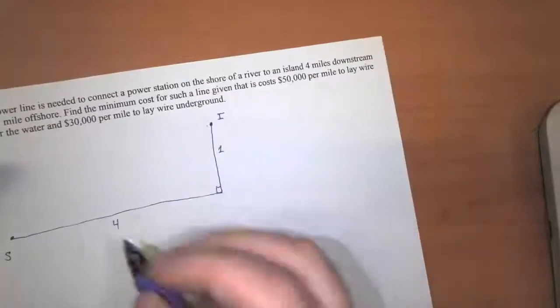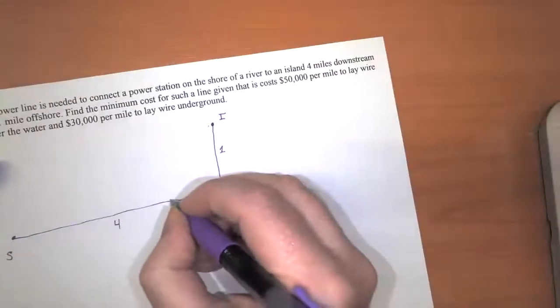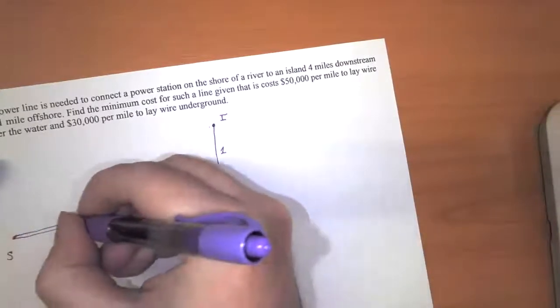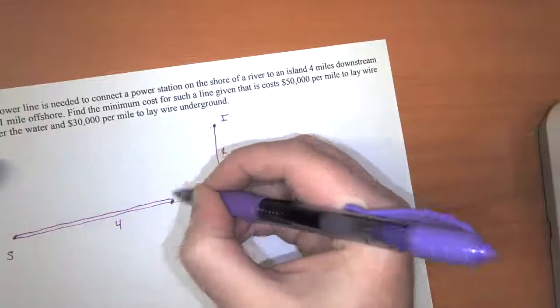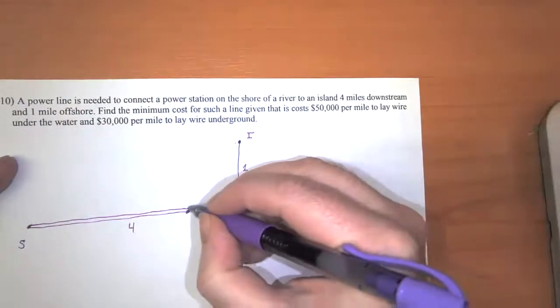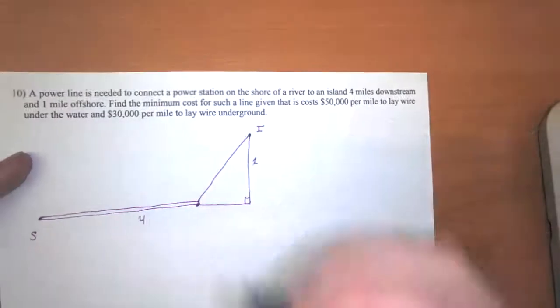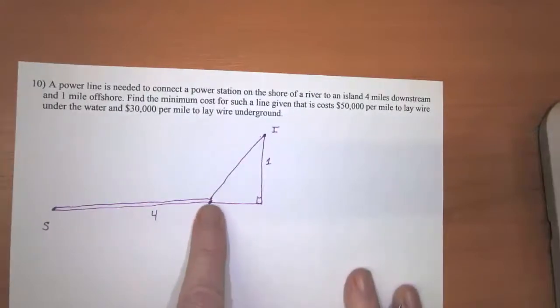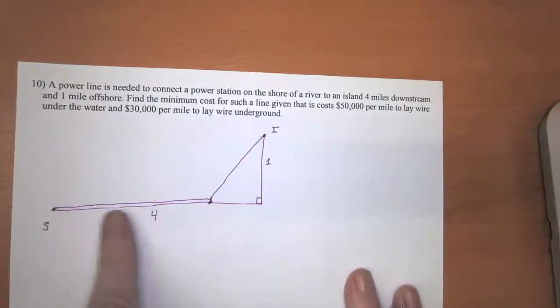But the other way we could think about it is maybe there'd be some point like over here where the wire would go down the shore, which is only $30,000 per mile. And then at that point, it would jut out and just make a straight run to the island from there. So the idea is, where should this dividing point be that makes this total cost as low as possible?